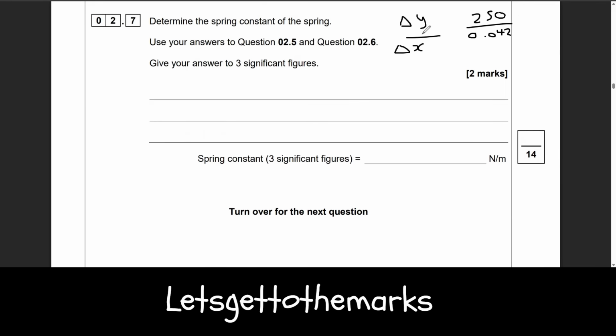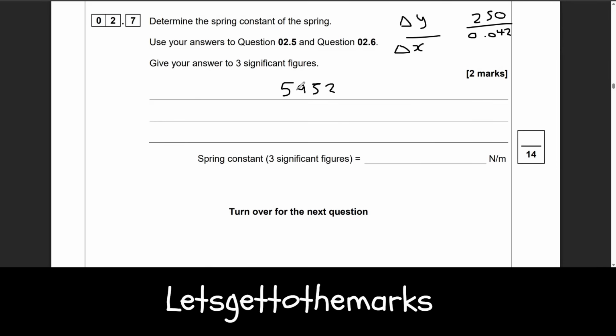So we're going to go 250 divided by 0.042 equals, oh my good gosh, equals 5,952. What the? So what we want to do here, we've got 5,952 and we need to round this to 3 significant figures.